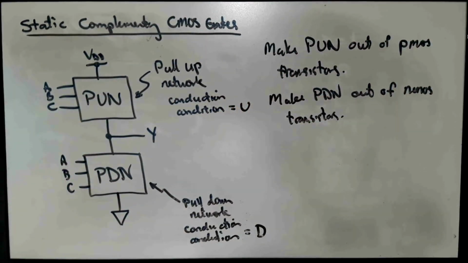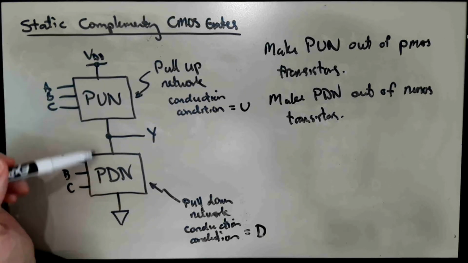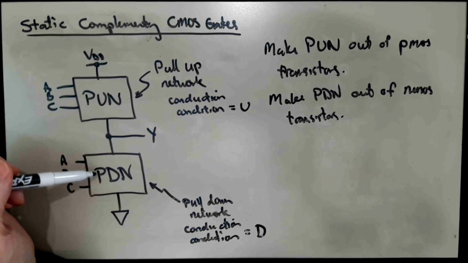For post lab 5, you're going to be considering why that design discipline is the case. So we exclusively use Pmos transistors for the pull-up network, and we only use Nmos transistors for the pull-down network. We never pull up with an Nmos transistor, and we never pull down with a Pmos transistor.